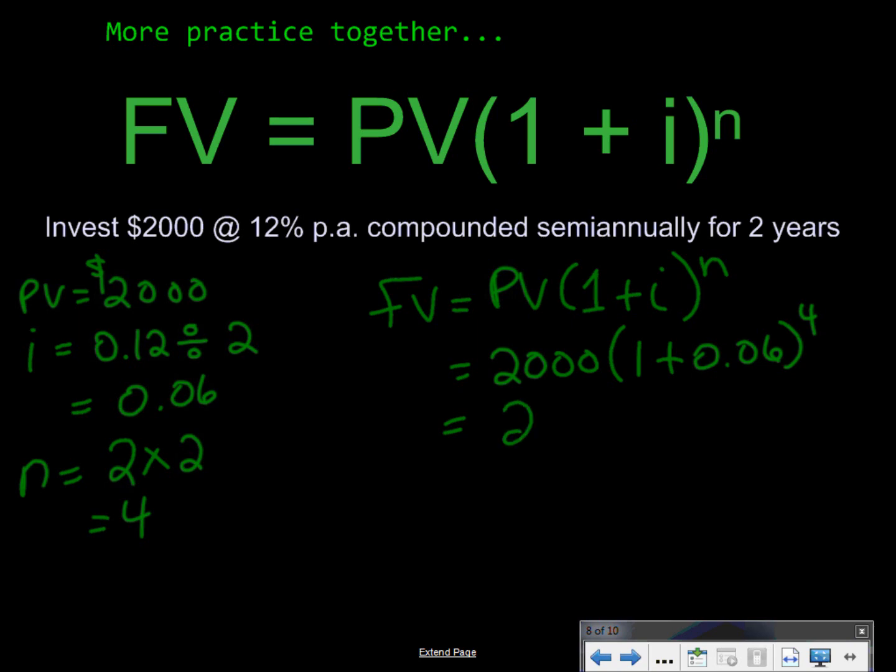I made $2,524.95. These are always 2 decimal places because it's money, right? So in these 2 years, at 12% annually, I made $524.95 in interest. Okay? That actually happened. Yes, if you magically could find anything that gave you 12%, right?